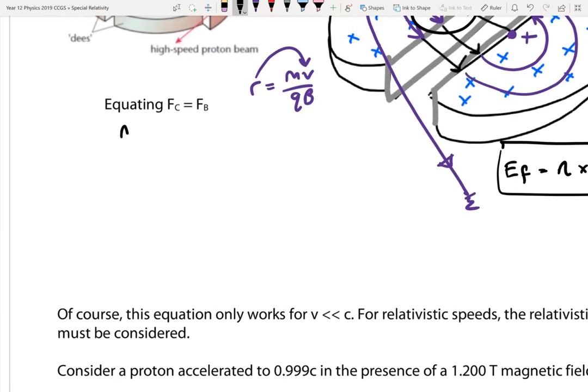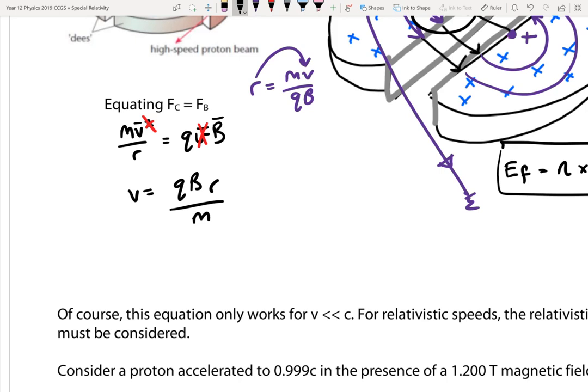We'll do our old mv squared on r, which is produced by the qvB. Let's get v in terms of q, B and r up the top, and that can become an m.